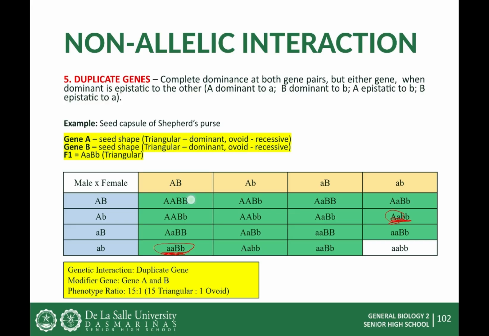Therefore, when you count this, 1, 2, 3, 4, 5, 6, 7, 8, 9, 10, 11, 12, 13, 14, and 15. Giving you 15 triangular. And here, because both of the genes are recessive, the A and the B, therefore, the phenotype that will be expressed is ovoid.